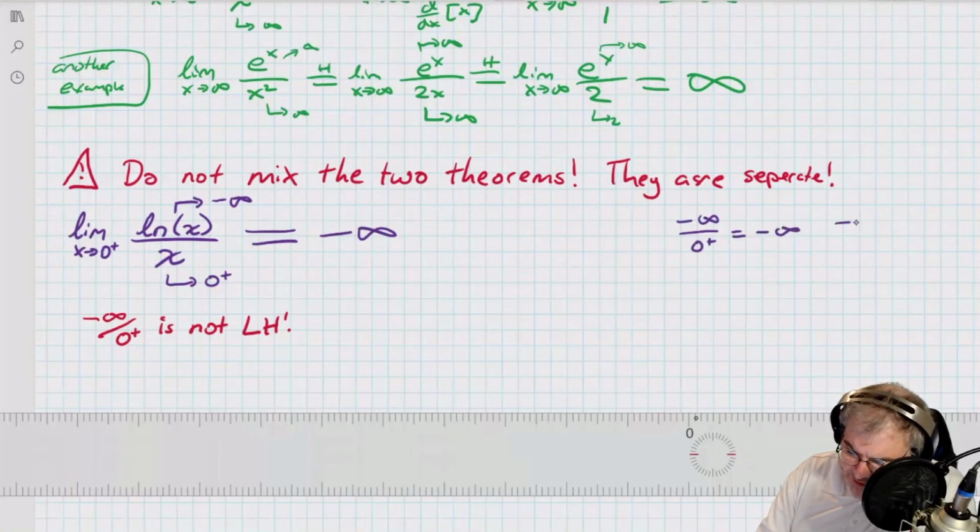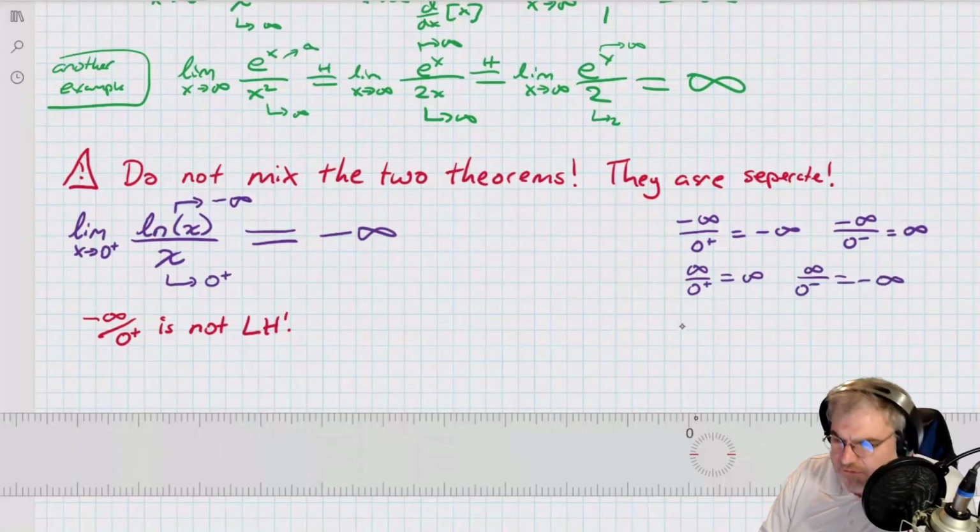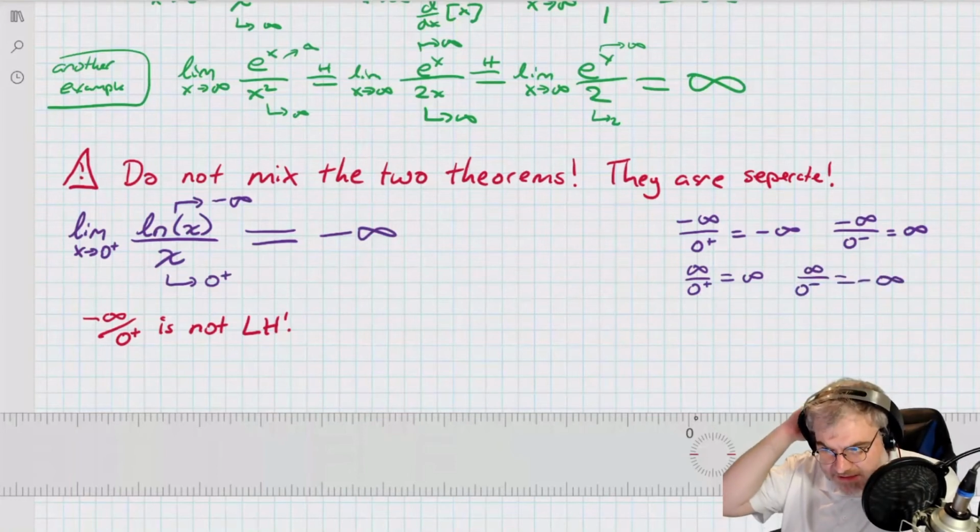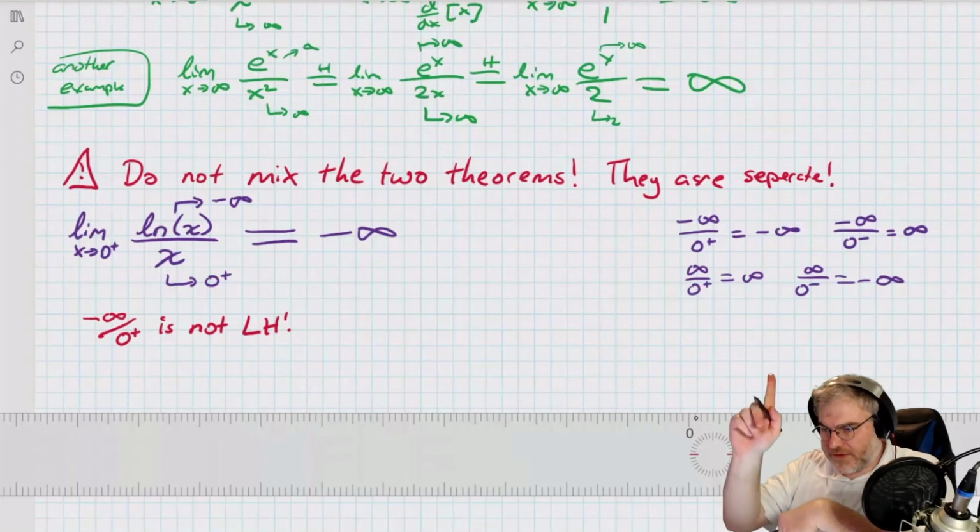Negative infinity over 0 minus equals positive infinity. Infinity over 0 plus equals infinity. Infinity over 0 minus equals negative infinity. Infinity over 0 does not exist if it's going off to two different things.